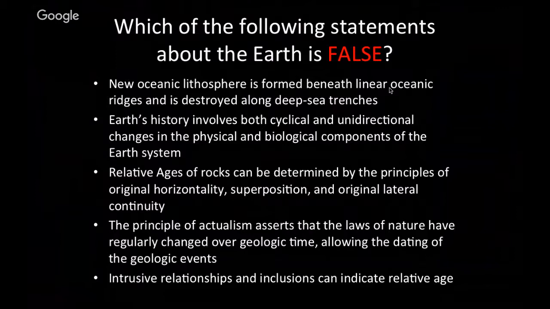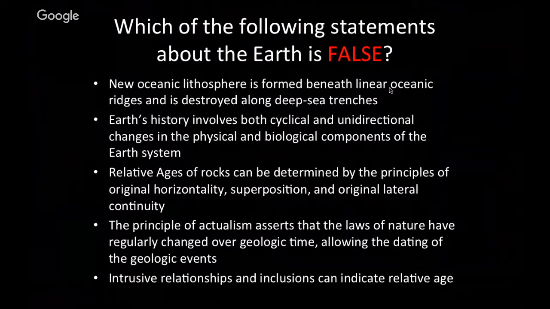So let's go on to number 3. Relative ages of rocks can be determined by the principles of original horizontality, superposition, and original lateral continuity. If you've taken 101 and 103, you should know this answer right off the bat. The relative ages of rocks are determined this way because you have original horizontality, where units that are tilted were originally deposited flat.